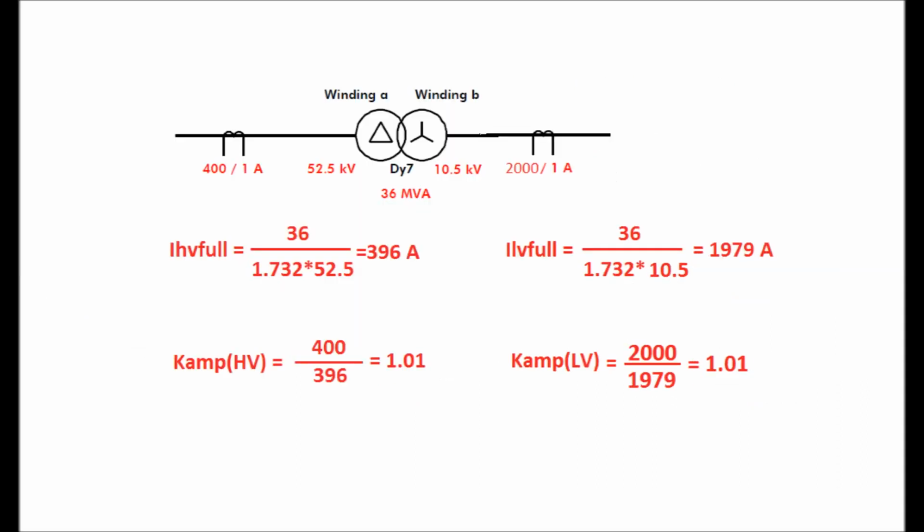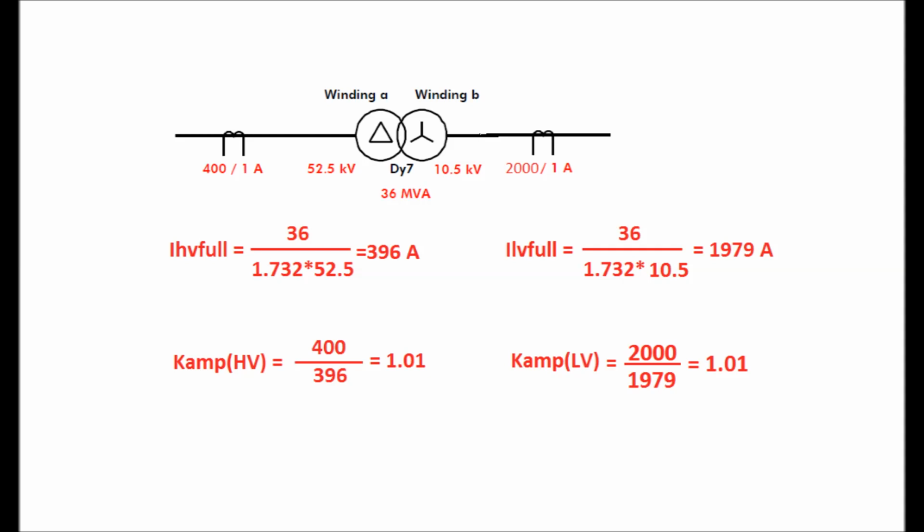In this diagram we will calculate the value of the matching factor. In the case of a numerical relay, if we enter the MVA capacity of the transformer, the HV side and LV side winding voltages, and the HV side and LV side CT ratios, the relay will automatically calculate the matching factors for the LV side and HV side respectively.